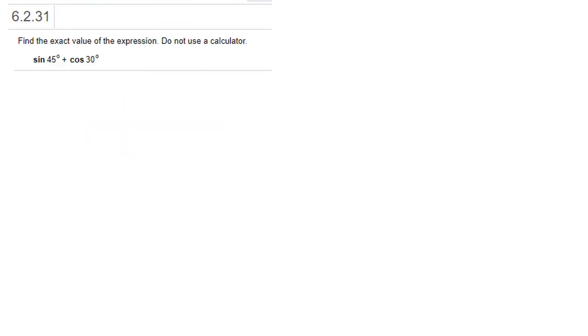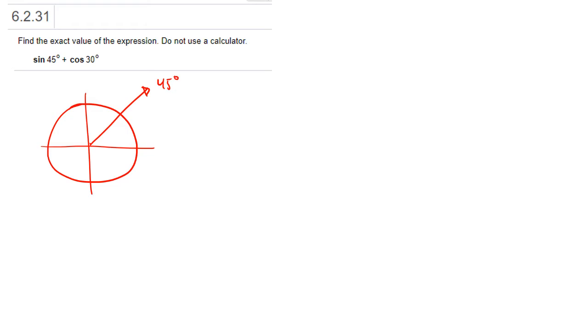Moving on. Find the exact value of sine of 45 degrees plus cosine of 30 degrees. In our unit circle, I have an angle of 45 degrees, and I also have an angle, let me use a different color, of 30 degrees.